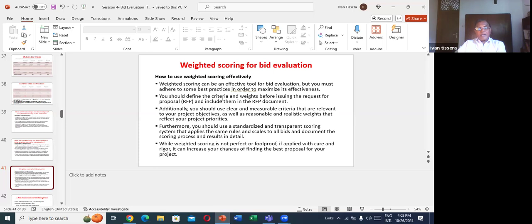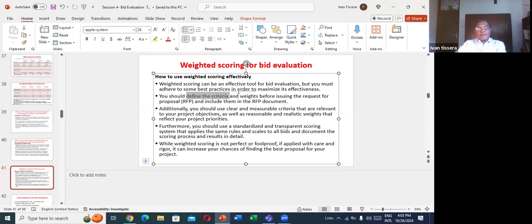You should define the criteria and weight before issuing the request for proposal document or bidding document. Normally, that is the case. We have to do everything before, not after, because we have to disclose, no? Include them in the RFP document.